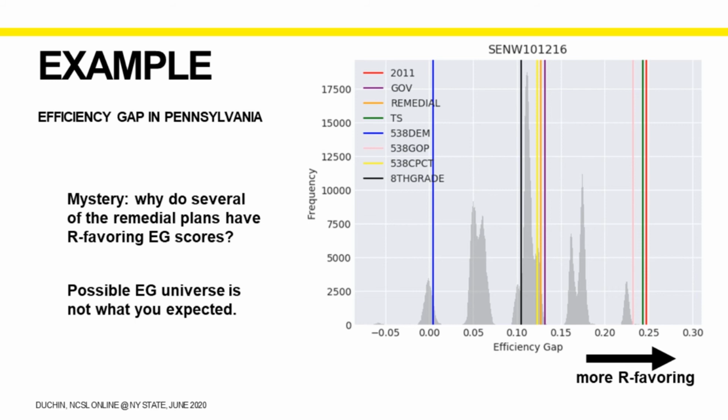And you can see in this picture that the gray mass in the background is maybe not quite shaped like you expect, and it's certainly not centered around zero. In fact, efficiency gap scores over 10%, which are usually thought to be gerrymanders, are typical if you just follow the rules in Pennsylvania. So if you really want to think about a score, such as efficiency gap or any of the others, you want to use a method like this to show you what's possible.